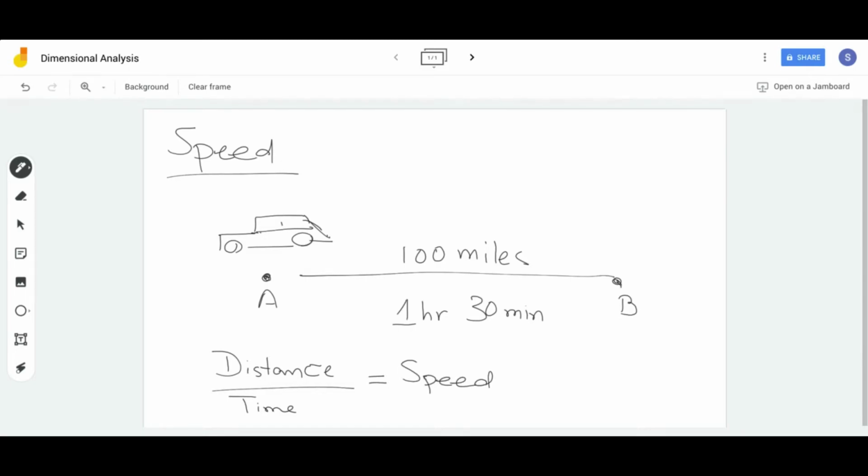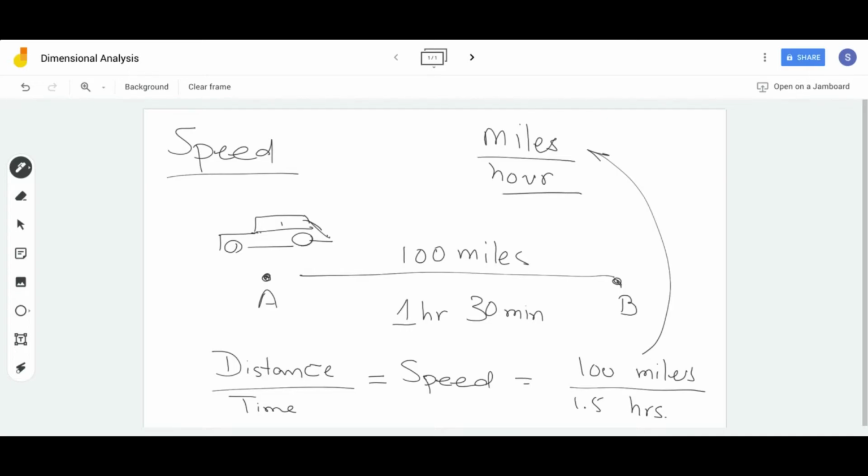So if I were to add the units, it's 100 miles divided by 1.5 hours. And whatever that calculation ends up to be, you're going to get miles per hour. Now, this is not in SI units, this is imperial units.